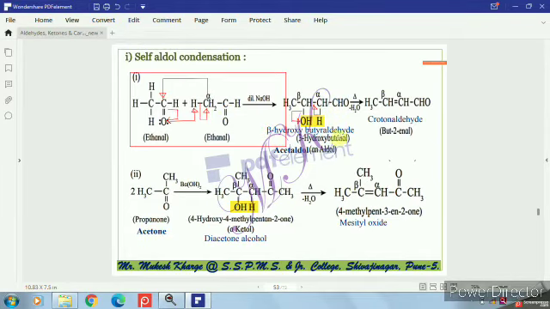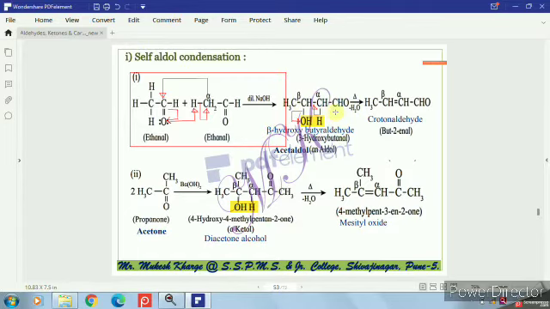We get beta carbon containing OH, so beta hydroxybutyraldehyde. If we write the numbering 1, 2, 3 and 4, the third carbon contains an OH group, that is hydroxy. In total there are 4 carbons, so replace the word E by Al.